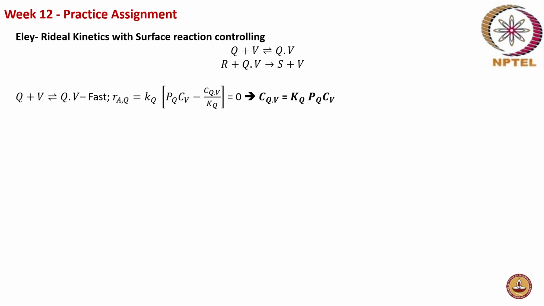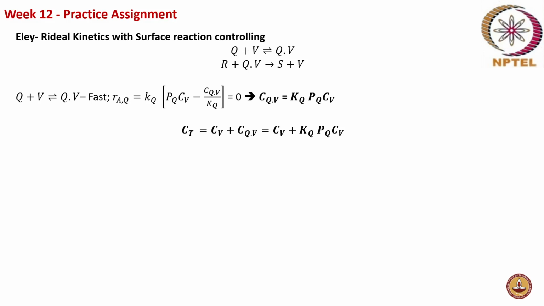Now we have to find the expression for the overall reaction rate, especially at the initial condition. So Q plus V gives QV. This is a fast step because the surface reaction is what is controlling. That means the adsorption step is very fast.